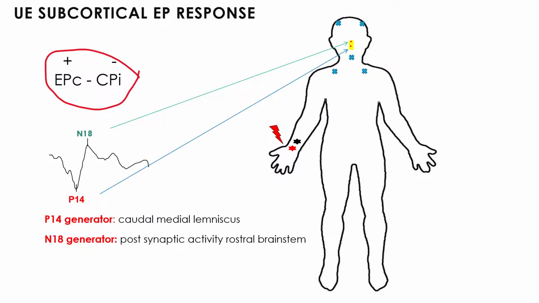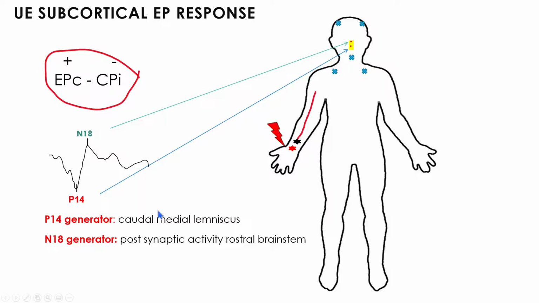It picks up this brainstem response right here. The electrodes are farther away from the generator site, which is why it's a far-field response. The generator of this P14 response is the caudal medial lemniscus, or the bottom of the brainstem. The N18 generator is postsynaptic activity from the top of the brainstem. And again, some say the thalamus.